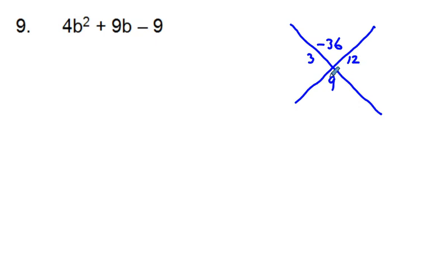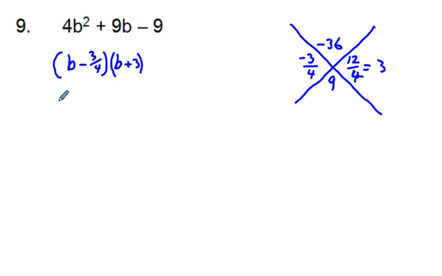And we have positive 9, so the 12 is going to be positive, and the 3 is going to be negative. And we divide by a, which is 4. So on the right side, we have 12 divided by 4, which is 3. So what we have here is quantity b minus 3/4 times quantity b plus 3.